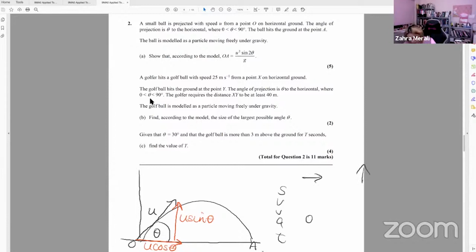Before I do anything, I can put the 0 and the minus g in. And now I can see my horizontal, I'm going till here because that's what I'm concerned with, O to A. Vertically, my displacement is 0 because I'm starting at the same place I'm ending. So that's 0 here. This is going to be U cos theta. This is going to be U sine theta.